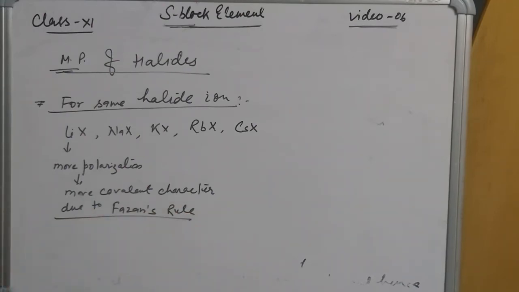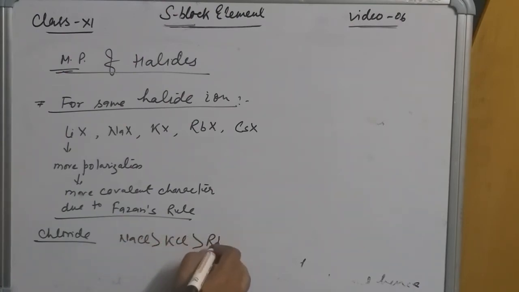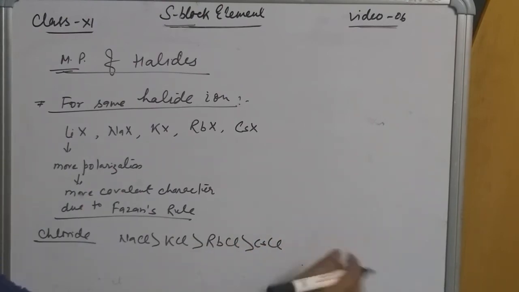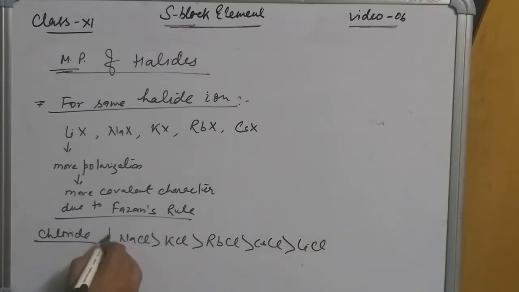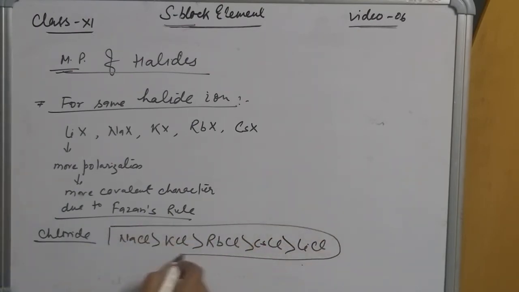In this way, if we look at the chlorides, the melting point trend is NaCl, potassium chloride, rubidium chloride, cesium chloride, and at last lithium chloride. This will be the trend for the chlorides of the alkali metal group.